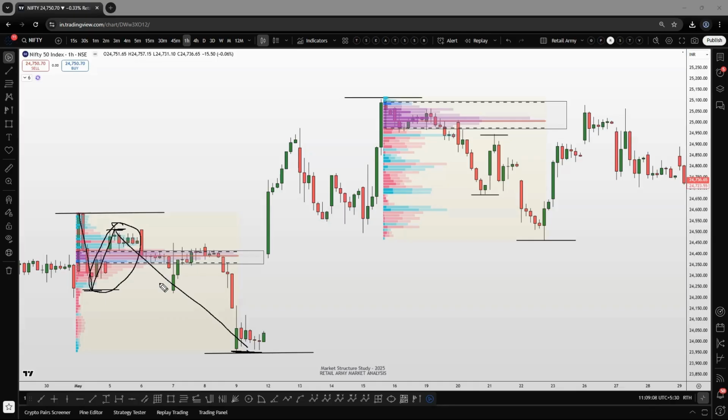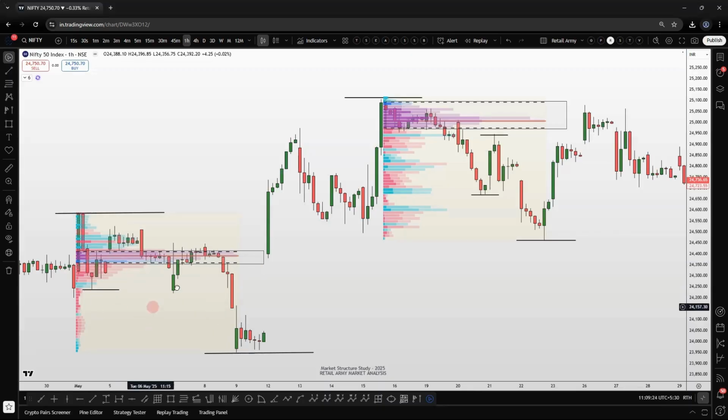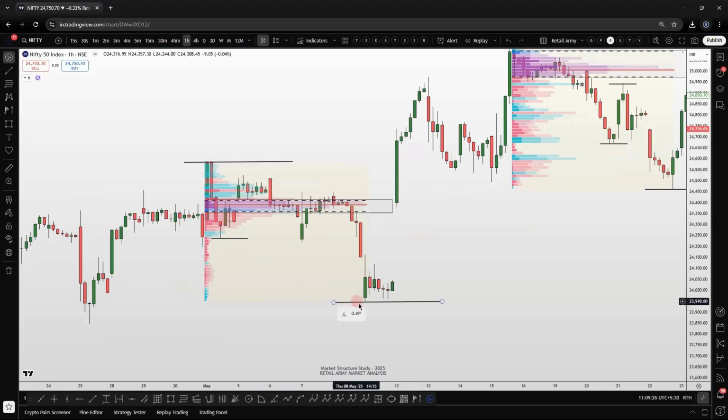Before the third leg, this down move starts. Before the bearish move, there is a POC shift here, and the POC stays there. So what we'll do is, in this case, we will zoom in and see step by step where the POC has stopped.